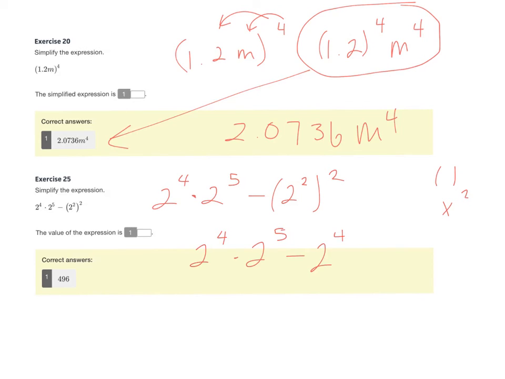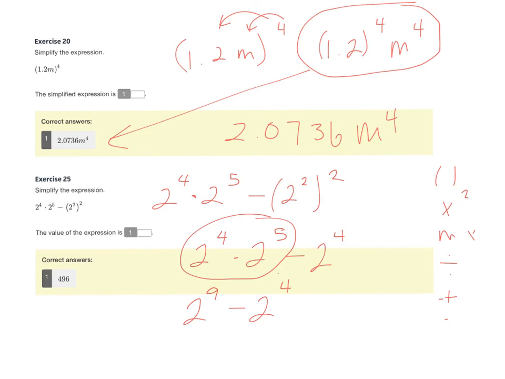And then we've got multiplication, division, addition, and subtraction. So I'm going to go multiplication first, so we're going to come right here. This is going to be 2 to the fourth times 2 to the fifth. The base is the same, so we're going to add those exponents. That's going to be 2 to the ninth minus 2 to the fourth.